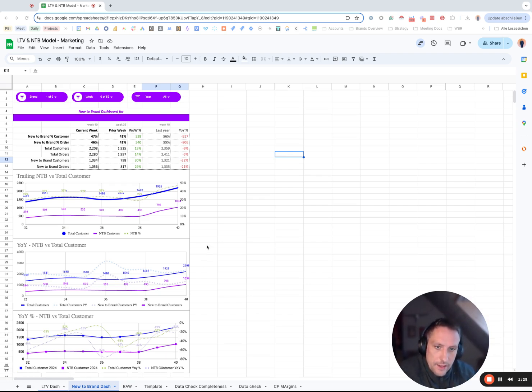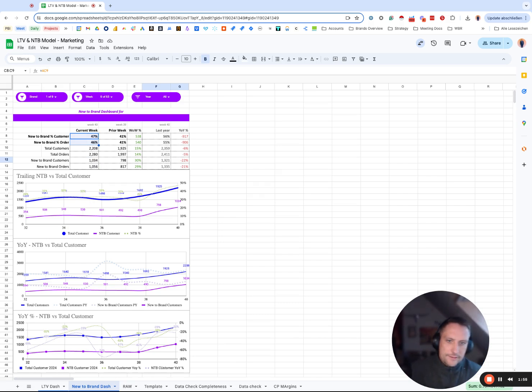In that regard, it is weeks. I also added new to brand orders and total orders, but basically they are not that much different to total customers. Therefore, you might not even need it. As you can see, total orders here is pretty close to what we have in total customers, and same goes for new to brand orders and new to brand customers. So the share is basically the same.